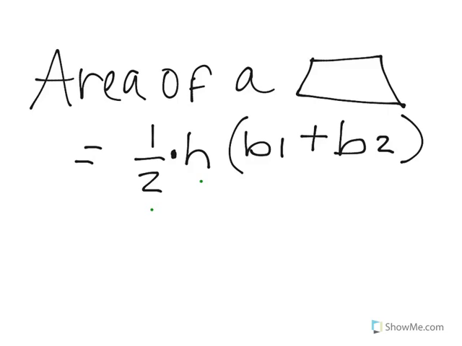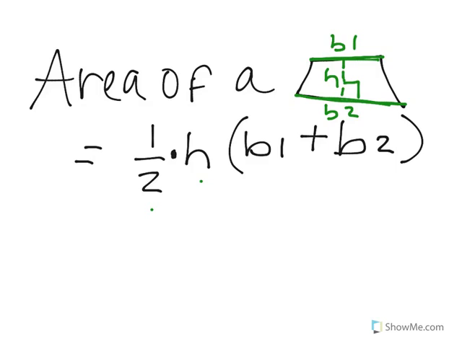On a trapezoid, we have a base right here and a base right here. We're going to add the lengths of those bases together, then multiply by this height, which is found right here. We're going to call this base 1, this base 2, and then multiply by the height, and then times 1/2, or chop it in half.